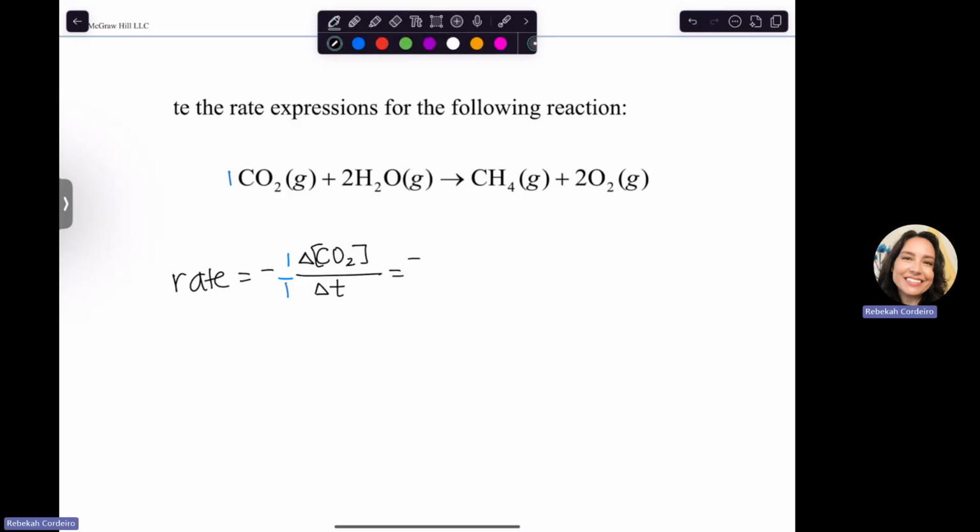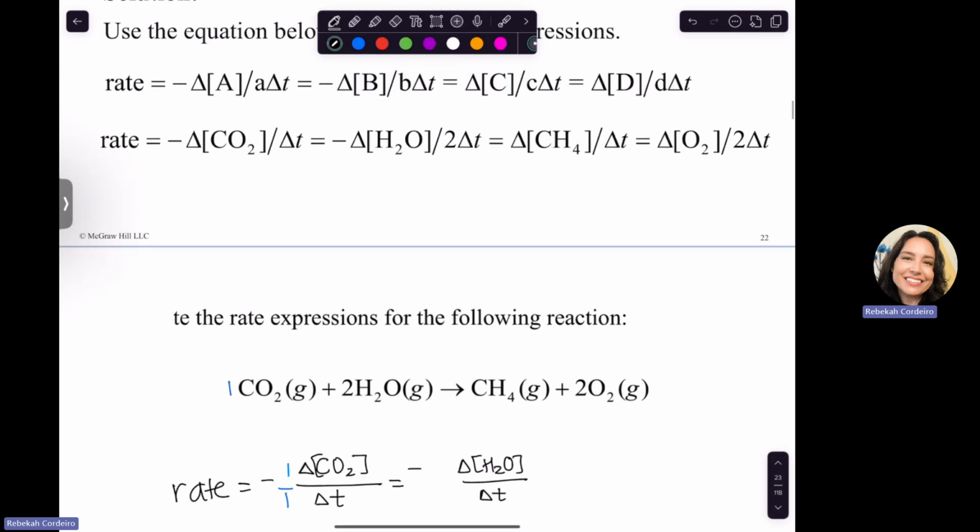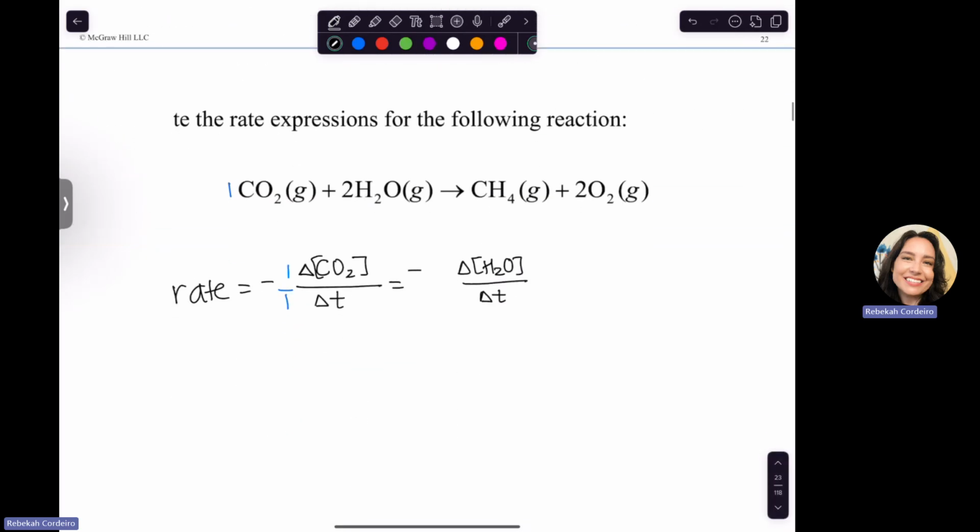Which is equal to negative change in concentration of water over change in time. Now you may be thinking, concentration of water doesn't really make sense, but let's just go with it. 1 over 2, because there is a 2 here.